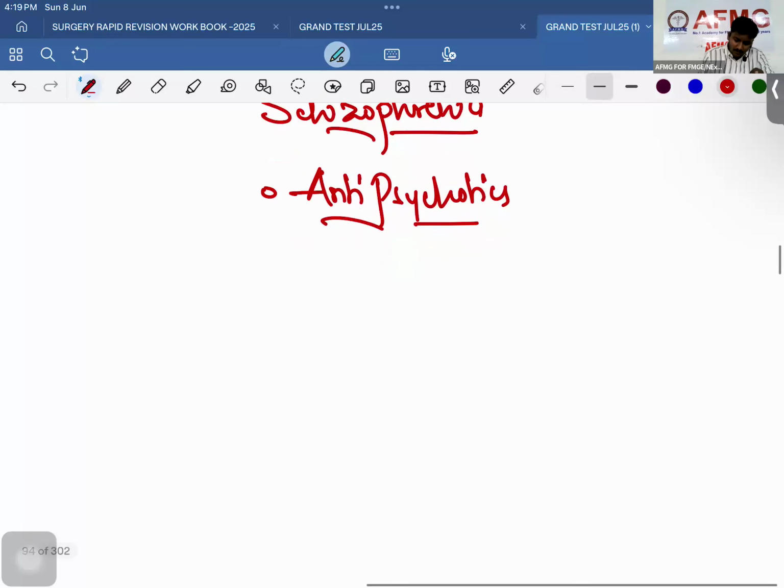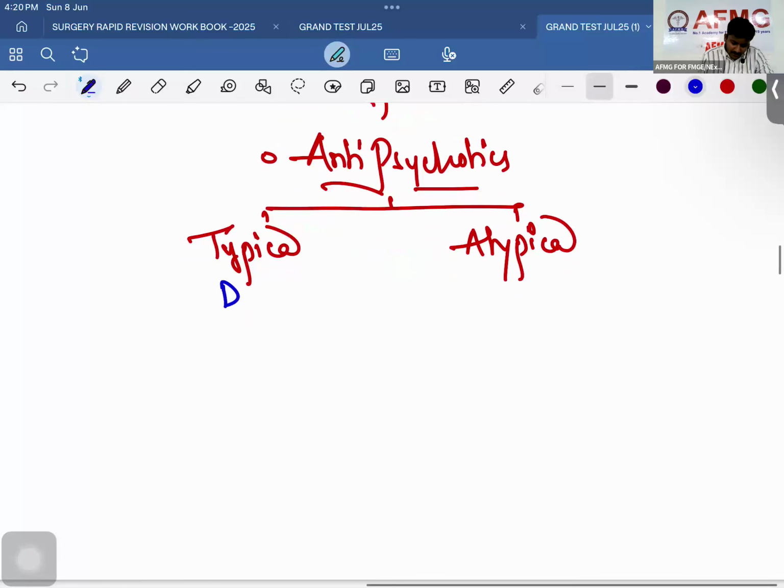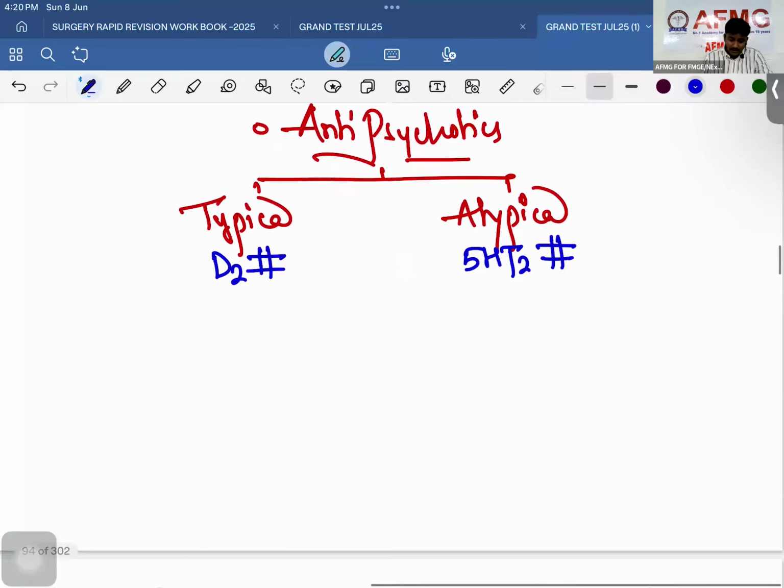Typical antipsychotics are drugs like haloperidol, fluphenazine, droperidol, thioridazine, and atypical antipsychotics are usually drugs like clozapine, olanzapine, risperidone. Okay, so typical antipsychotics are mainly dopamine antagonists and atypical antipsychotics are mainly serotonin antagonists. Mainly, I'm saying, okay.